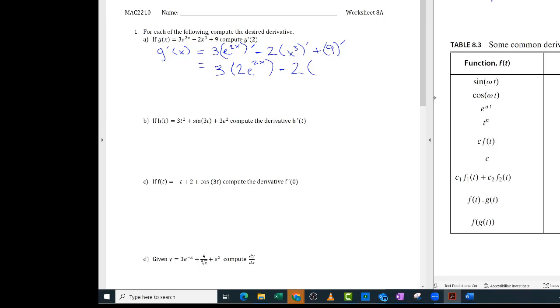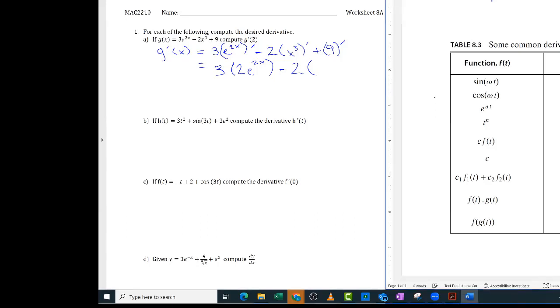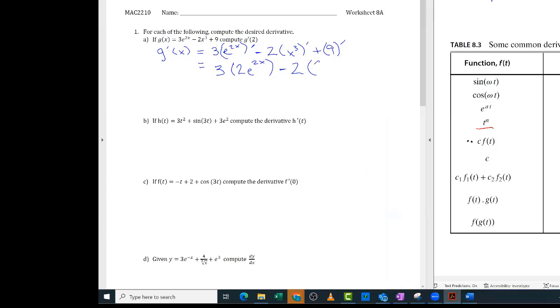That's the power rule. The derivative of t to the n equals n t to the n minus 1. That means that this equals 3x to the 3 minus 1, which is 2, plus the derivative of 9. Well, 9 is a constant.